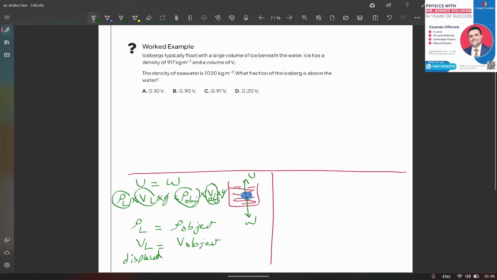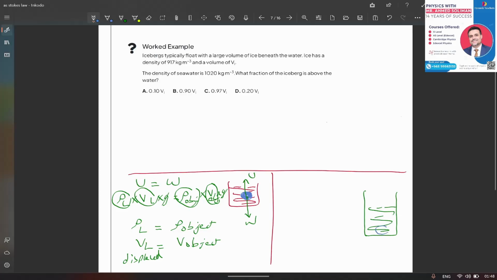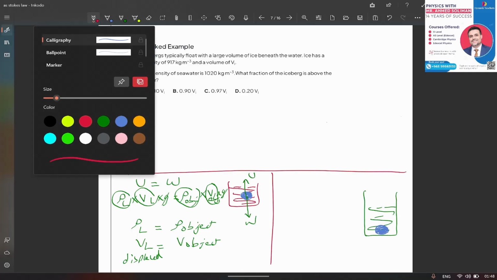Okay, now finally, if the object sinks in the liquid, so now I have the object here. Now what happens? If we want to draw the forces affecting this object, we need to draw three forces.